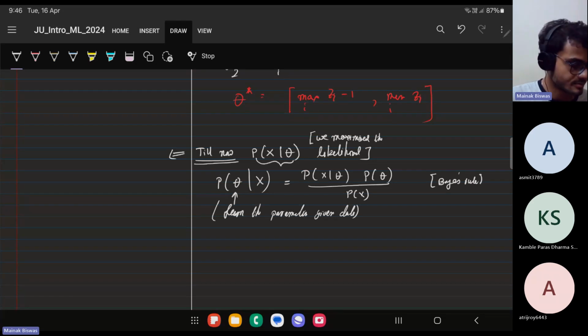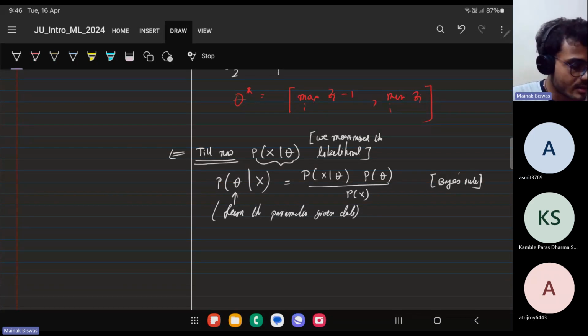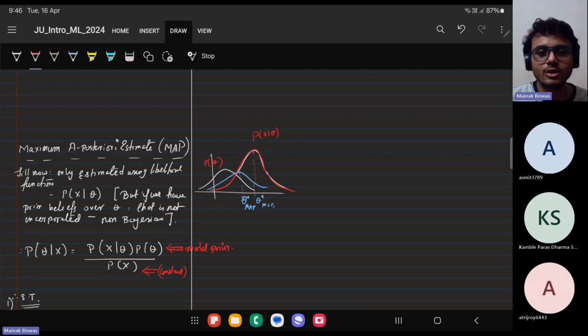Am I audible? Yes, sir. So you have to learn the parameters. Till now you were trying to use the likelihood function to maximize the likelihood. So this was your data, and you were taking theta MLE as this form which best explained your likelihood.